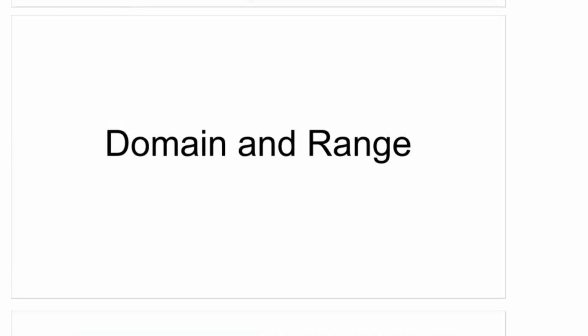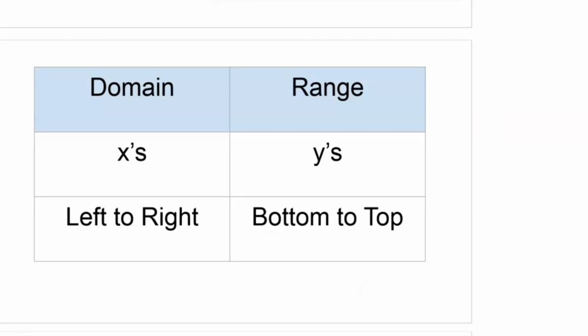I already talked a little bit about domain and range, but we'll just dive in a little bit deeper here. So when we talk about domain, we are talking about the x values, and we read the graph from left to right. So all of those previous examples I just showed you, all of those notations were talking about the domain.